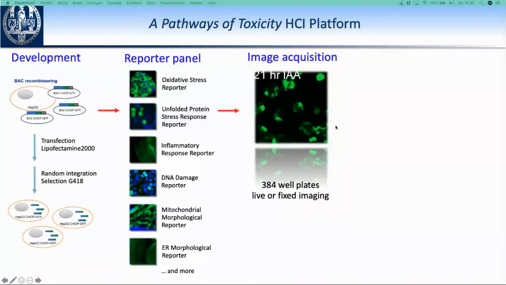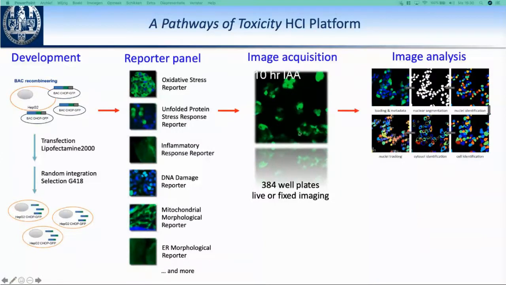Here's an example of how this may look. You have your Hep2 cells, and they're exposed to a certain chemical or nanoparticle, and then over time you can follow the induction of this GFP reporter connected to a certain key gene within these adaptive stress responses, and this indicates that there's a certain type of stress inside these cells. This GFP signal you can then quantify. Here you have your image with the nuclei in blue and the GFP.